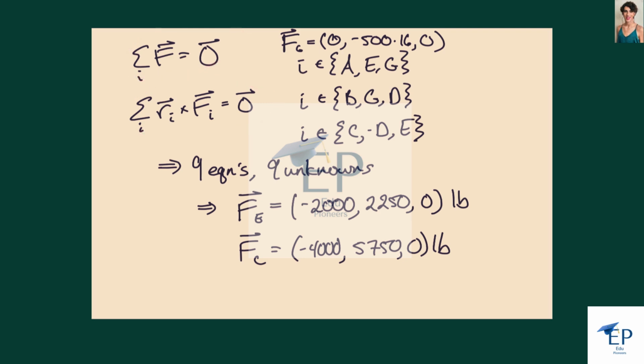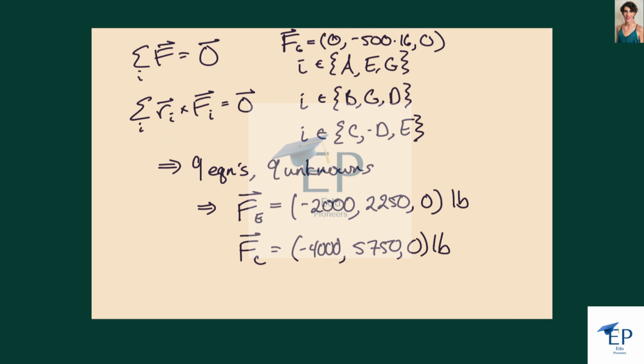And I introduced a little bit of notation here. So the first set of equations I did was the entire body. So on the entire body we have FA and FE and FG acting. All the other forces are internal forces. So we just have 3 of them, and they also create torques.